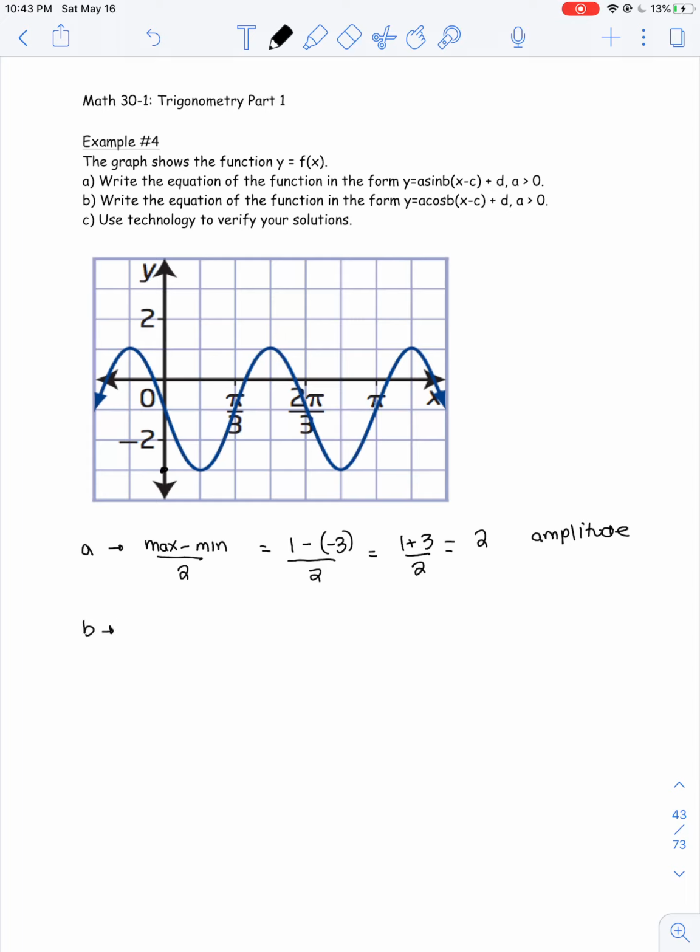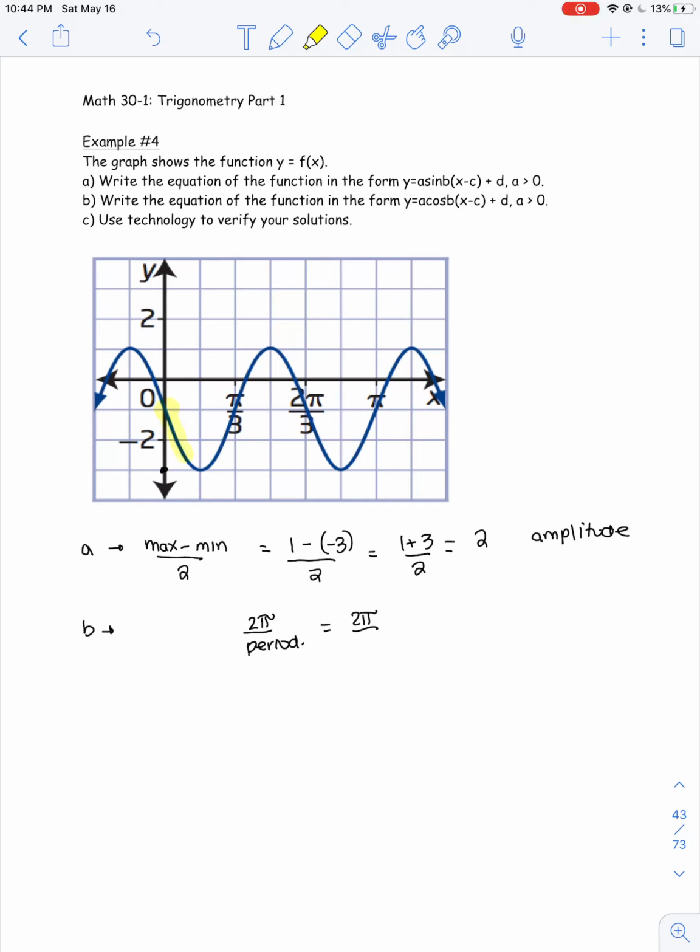Our b value is related to our period. Since we're in radian mode, we're going to have to do 2 pi divided by our period to find our b value. For the period, we have to see where it starts and where it comes back to that same location after a minimum and a maximum.